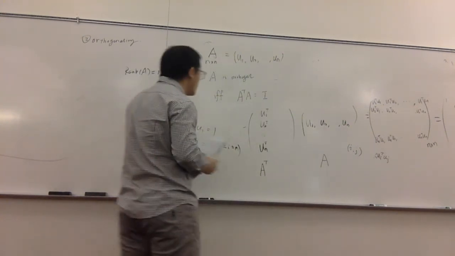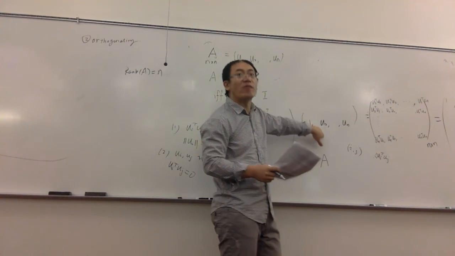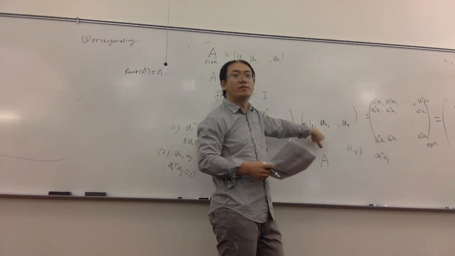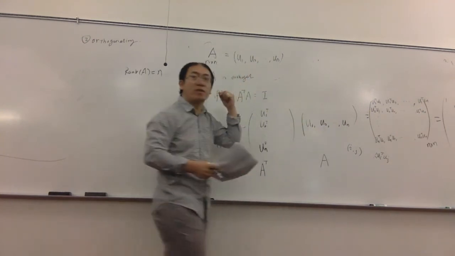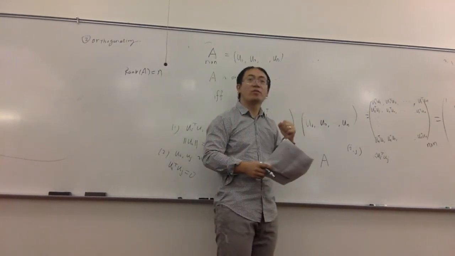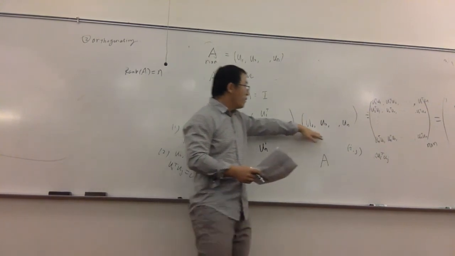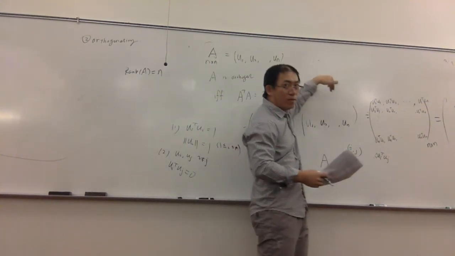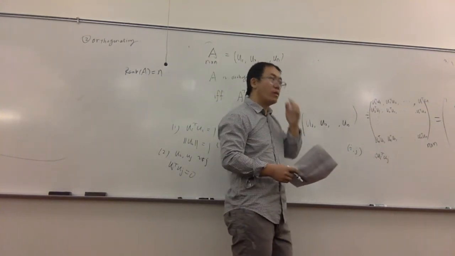And what's the dimension for each of those column vectors? N, right? Because this is an n matrix. Each column vector must be n-dimensional. And now we know that for these n-dimensional vectors, their rank is n.